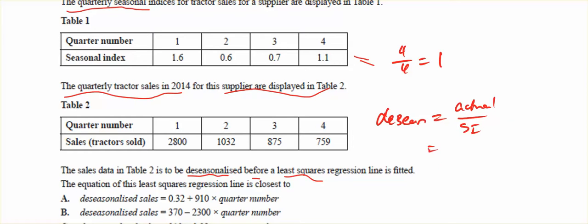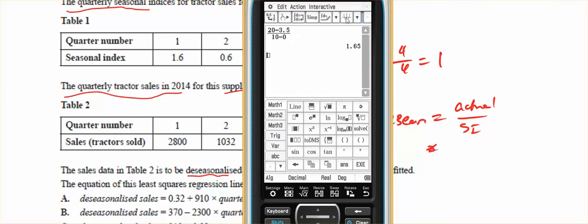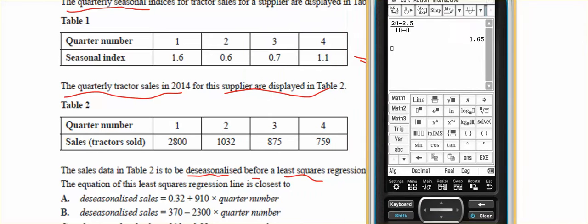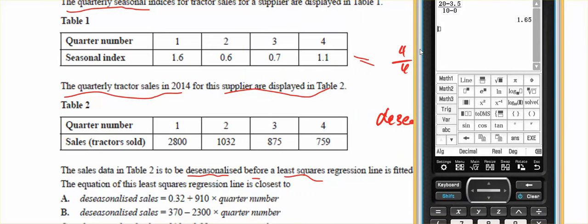So what we do is we go 2,800 divided by 1.6, 1032 divided by 0.6, 875 divided by 0.7, and 759 divided by 1.1. Okay, so you get the idea. We're just deseasonalizing the data.